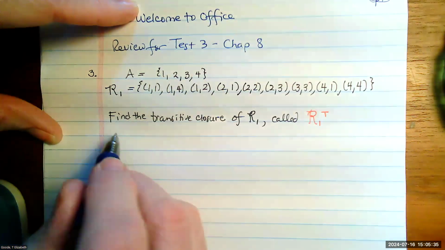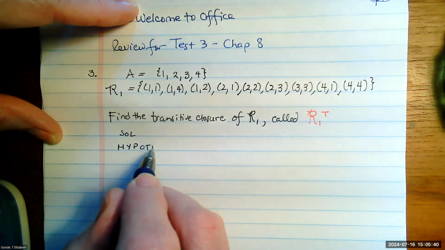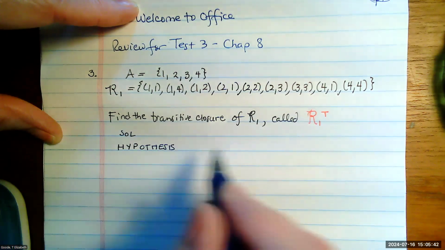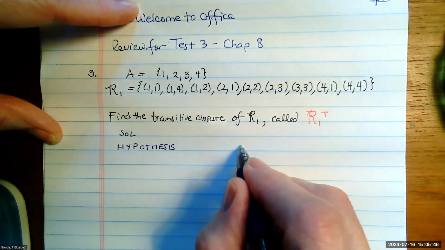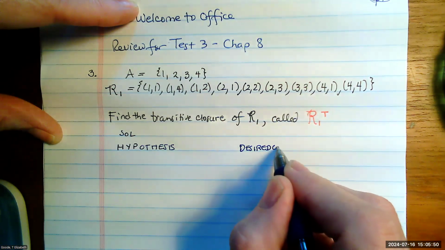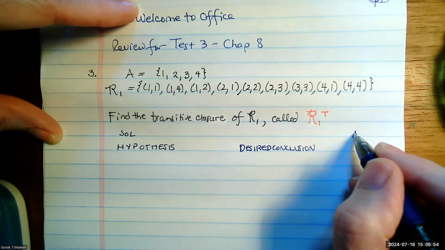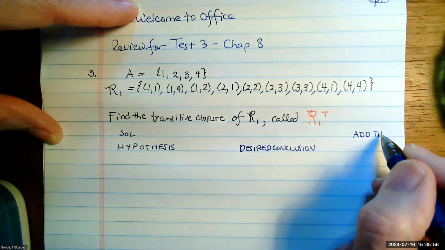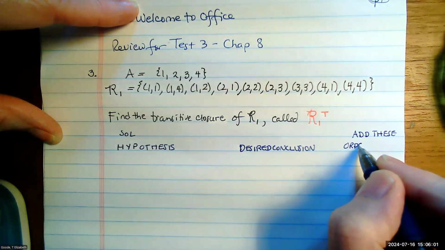So we're going to check the hypothesis, and then look for the desired conclusion. And if we need to add an ordered pair, we'll put them here, okay?